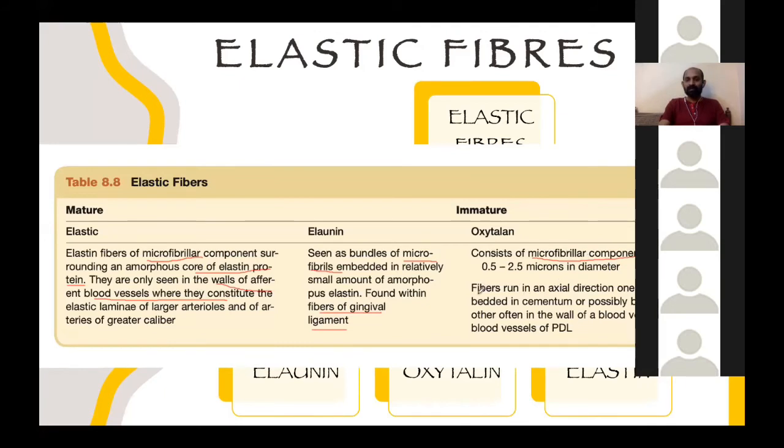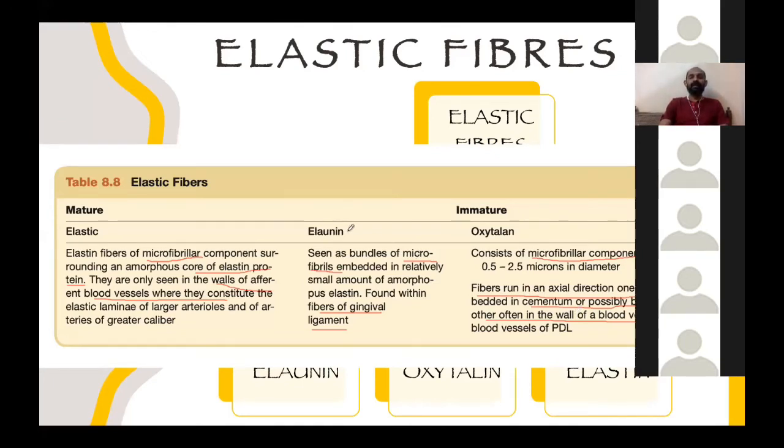The fibers run in an axial direction, one end starting from either cementum or bone, but they will end in the wall of a blood vessel, and they do not go to the opposite cementum. So the primary function of the oxytalan fiber is to provide support to the blood vessels. I repeat, it starts from the cementum, and ideally it has to go to the bone, but it does not do that. It runs upwards and ends in the wall of a blood vessel, so it gives support to the blood vessel.